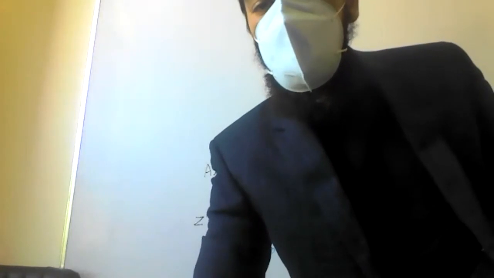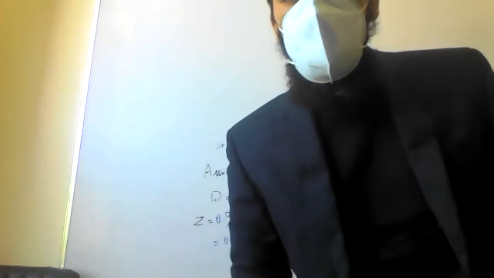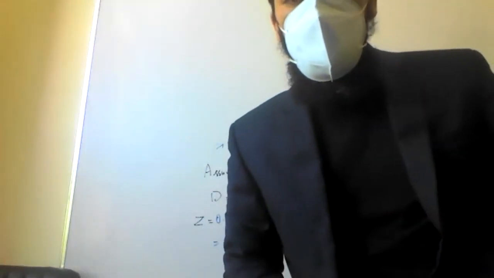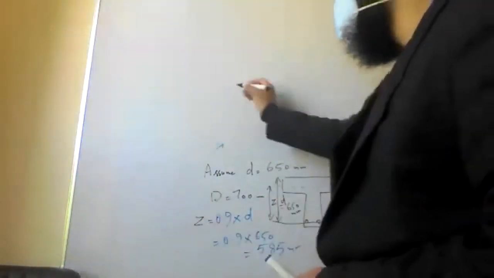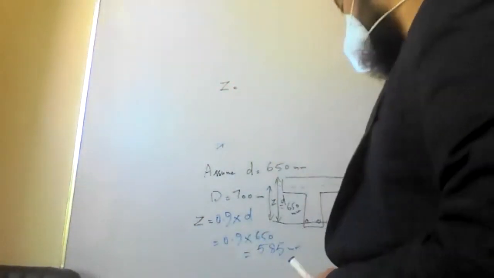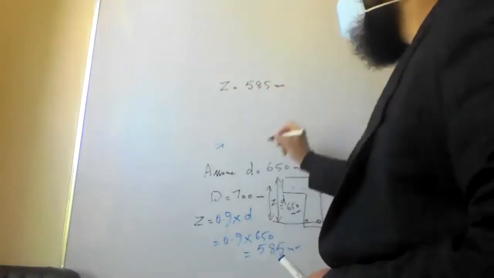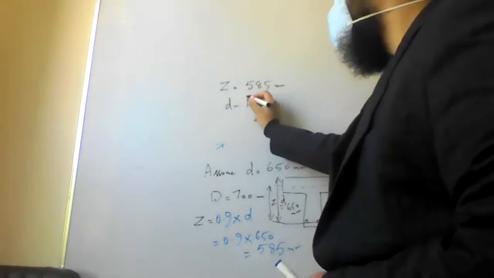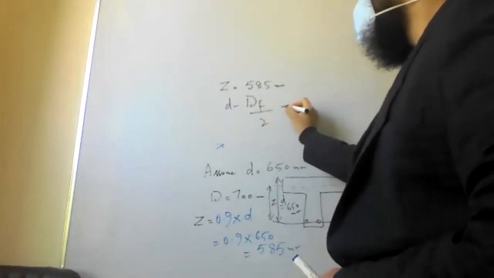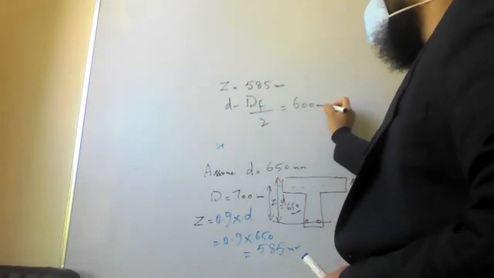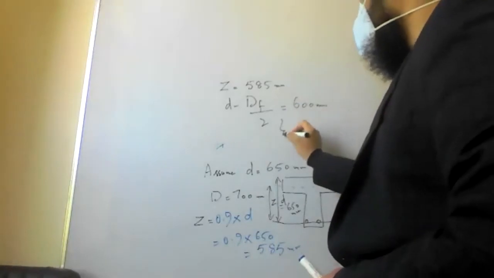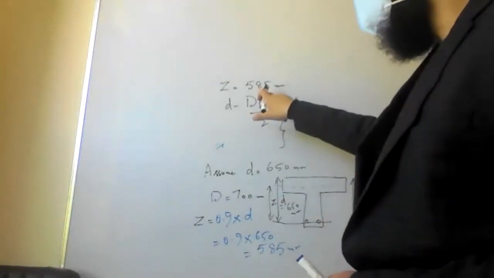Now, what is the reason for calculating d minus df by 2? We first need to check our lever arm, which we have determined as 585 mm, against d minus df by 2, which is 600 mm. This was also an assumption.